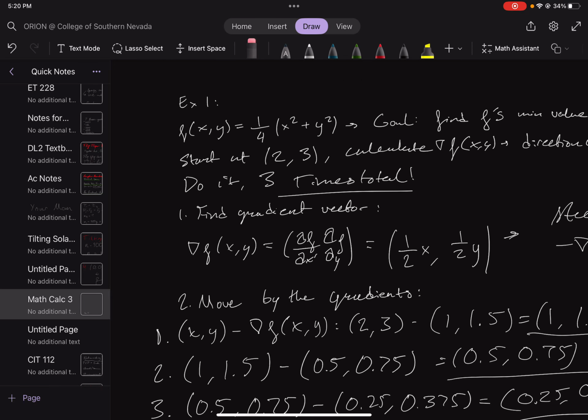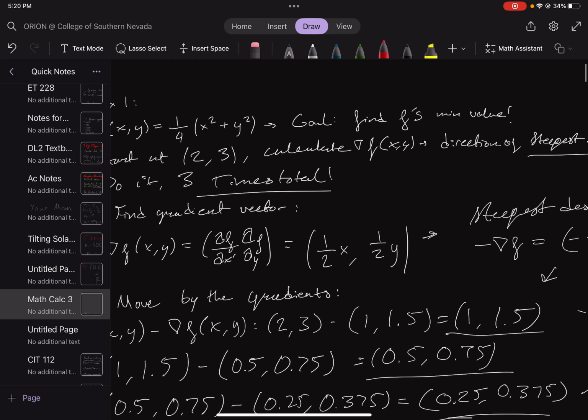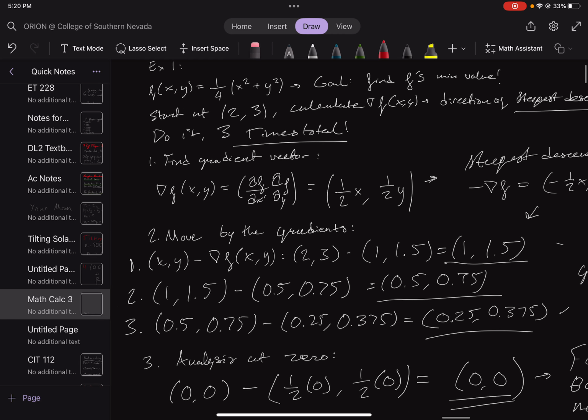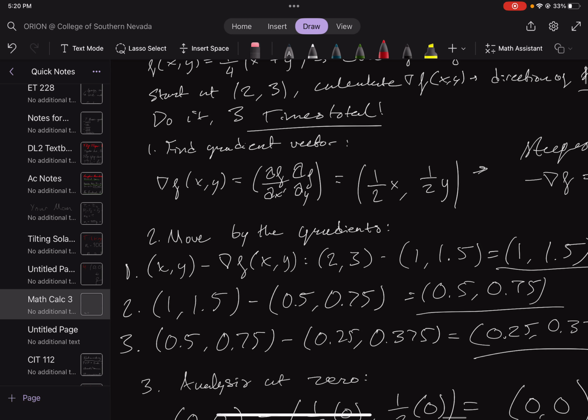For this function, f of x, y equals 1/4 times x squared plus y squared. The first thing we do is find the gradient vectors of each.